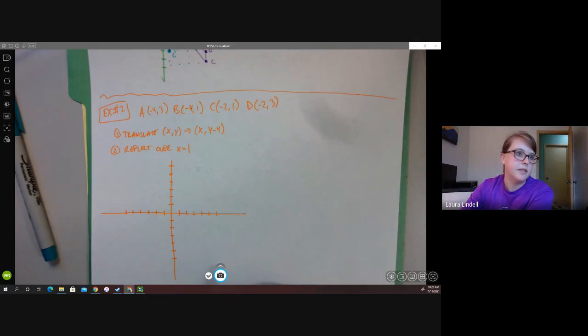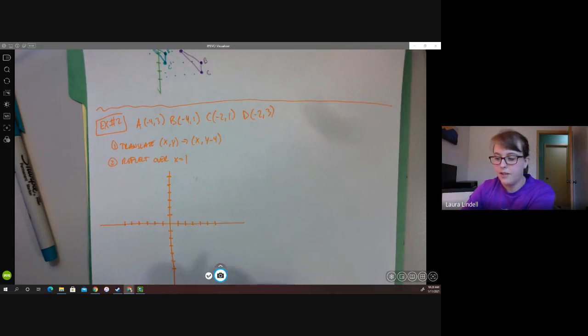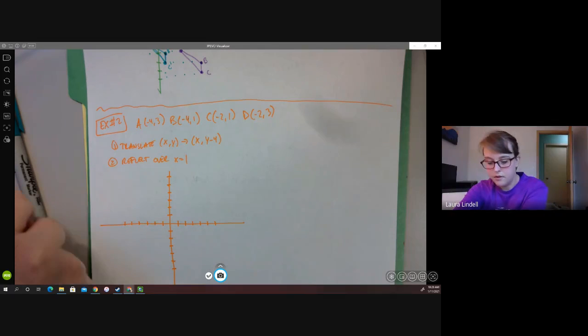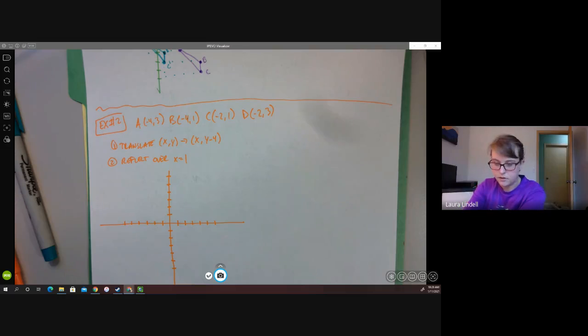Okay, so I went out to 6 in all directions. At least go out to 6 to the right because you'll need it. And then go ahead and graph your original shape.